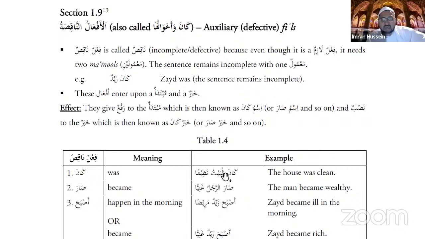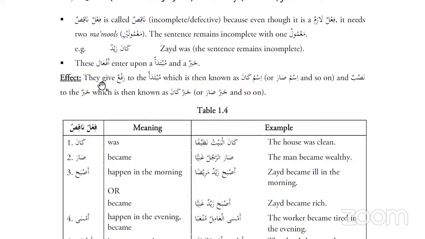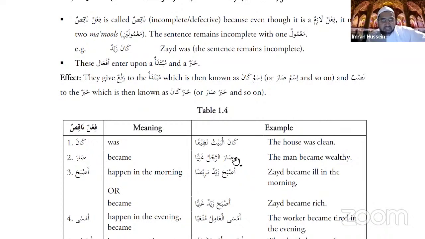So this is what it's trying to say, that kana requires two ma'muls, meaning it requires a mubtada and khabar. And when the mubtada and khabar come, the mubtada will be called the ism of kana, and nadhifan will be called the khabar of kana. And what are the changes of the harakat? The ism is in marfu and the khabar is in the mansub. Exactly.